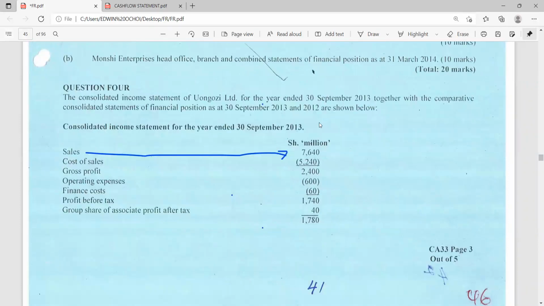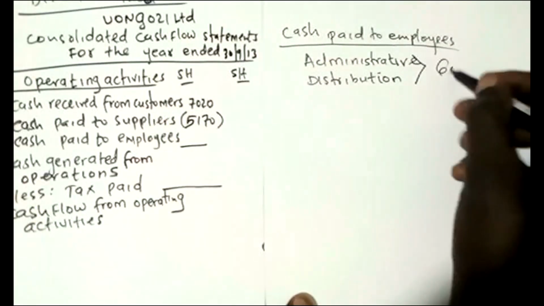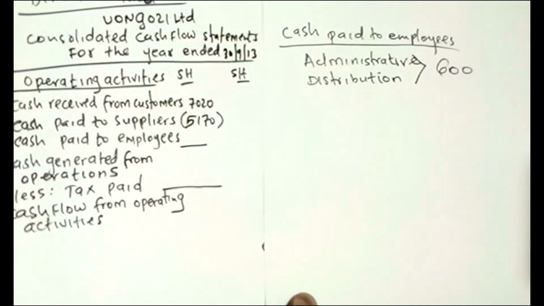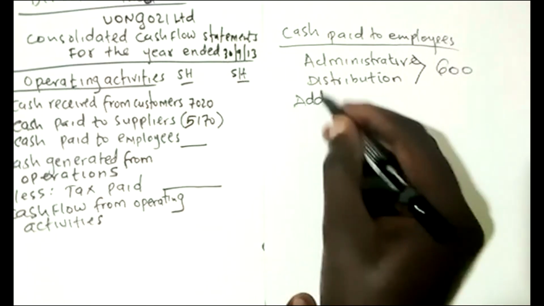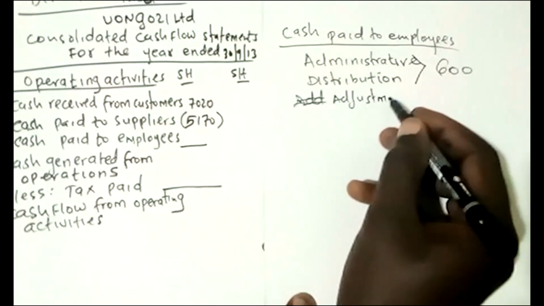They never said admin or distribution, but they gave us a block figure called operating activities, 600. So both of these are operating, 600. Then the only adjustments I will make, which have not been made anywhere.